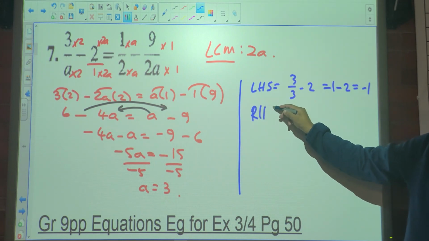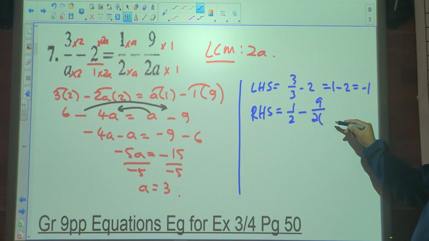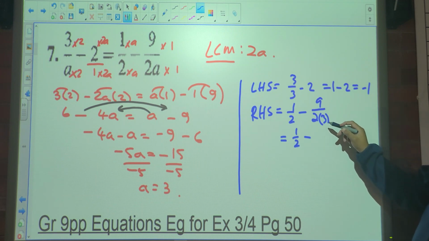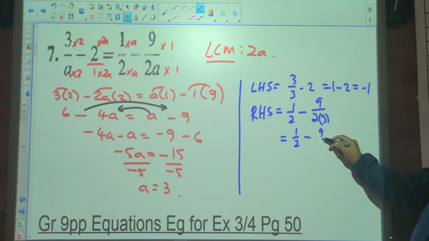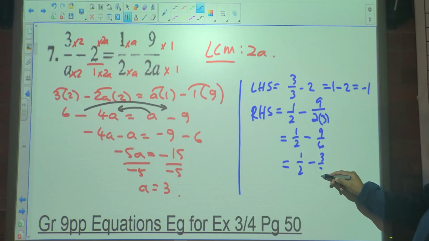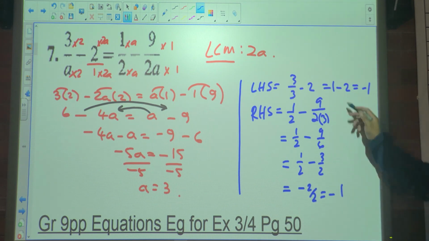The right hand side, it's a half minus 9 over 2 times 3, which is a half minus 9 over 6, which is a half minus 3 over 2, which is negative 2 over 2, which is negative 1. And you see it works.